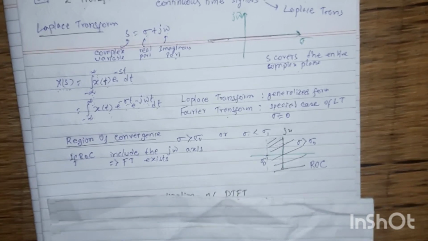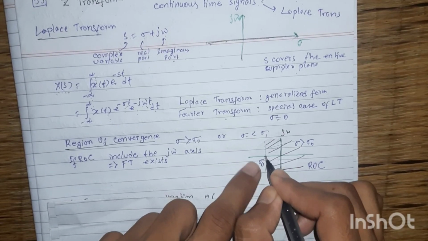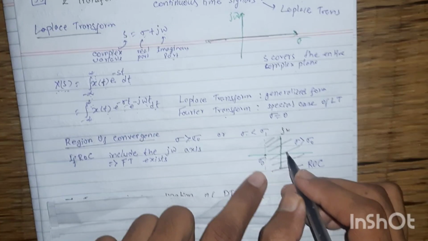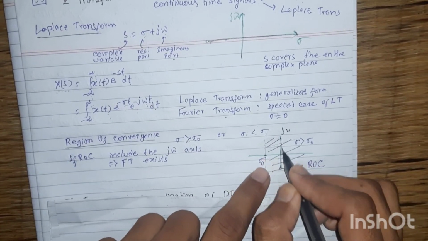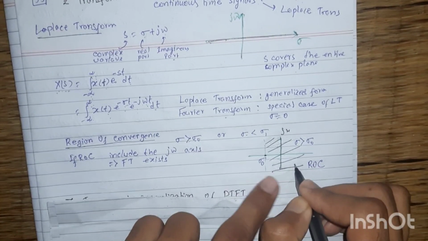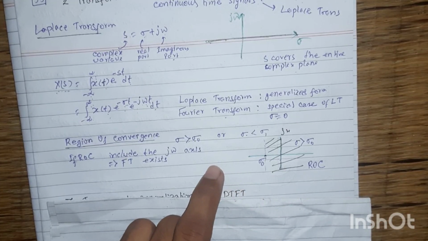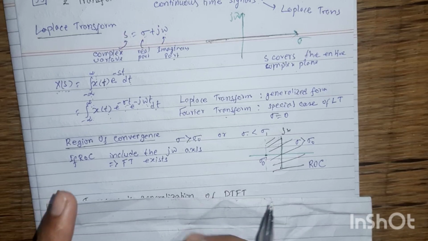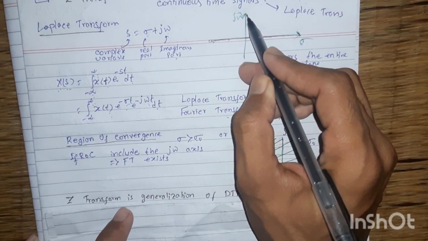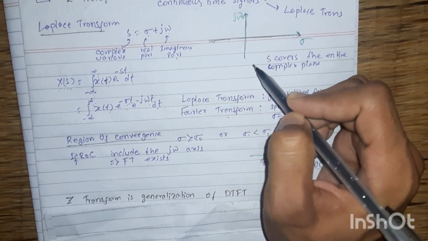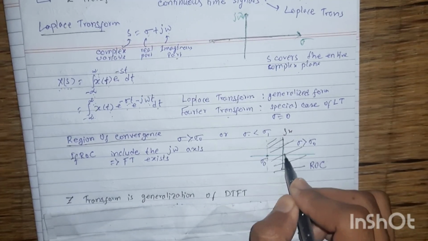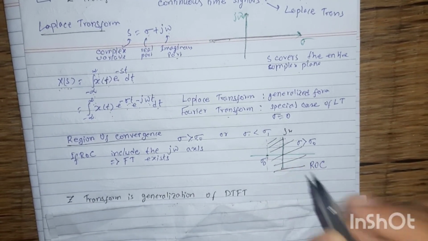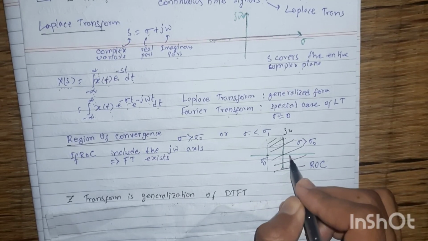Fourier transform of x of t will exist if this ROC includes this j omega axis. If this j omega axis is included inside this ROC, then we can say this Fourier transform will exist. Because to get Fourier transforms, we just have to take this imaginary axis, the j omega axis. When this region of convergence takes this j omega axis, then we can say Fourier transform will exist.